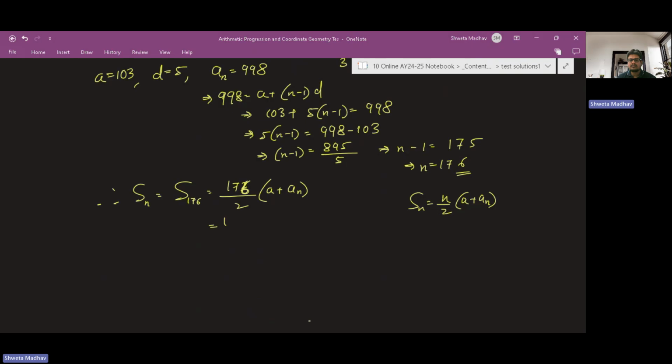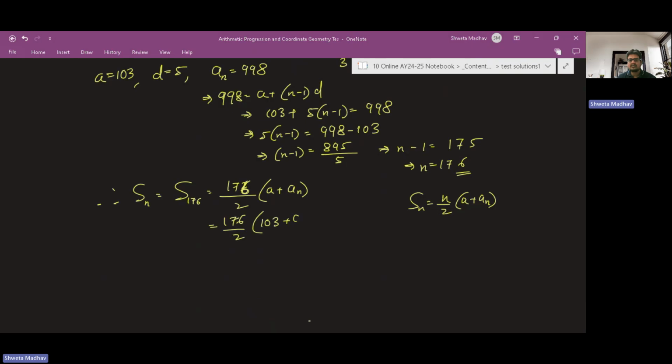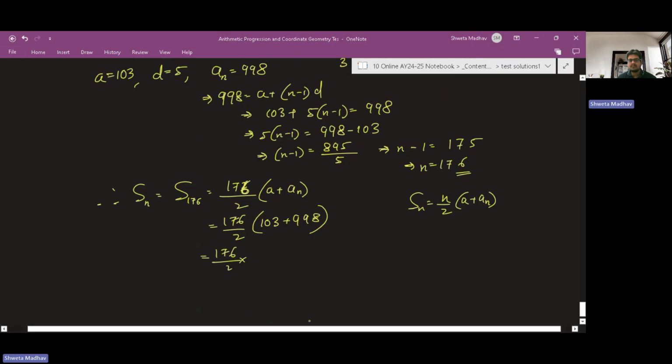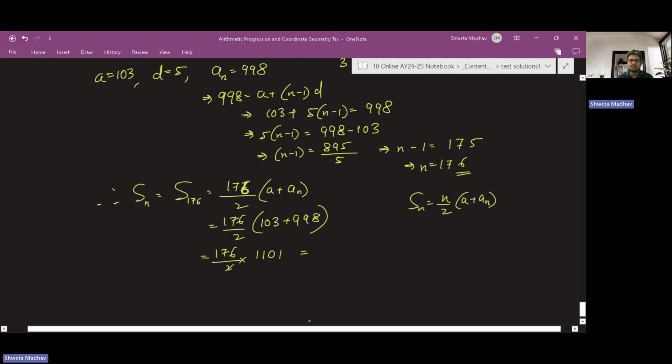So that is 176 by 2 into (103 + 998), which will be 1101.